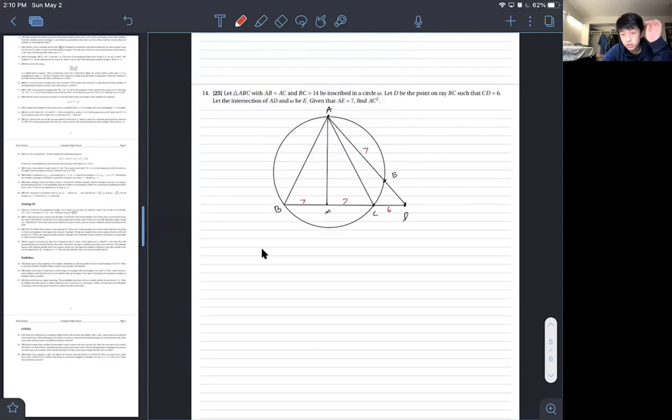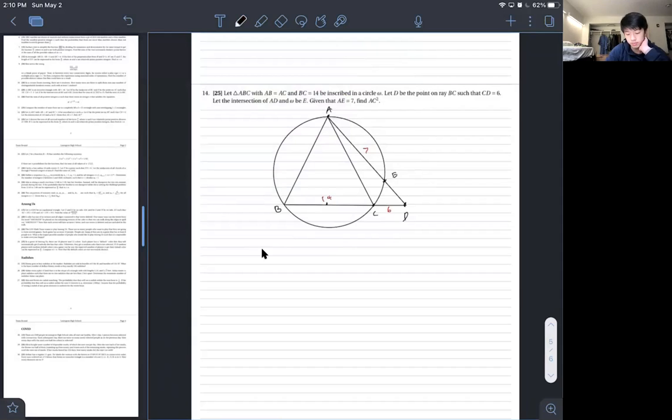One important thing to do here is, actually, I'll hold off on doing this for now. It's a bit more motivated afterwards. Okay, so we're given DC, we're given CB, we're given EA.